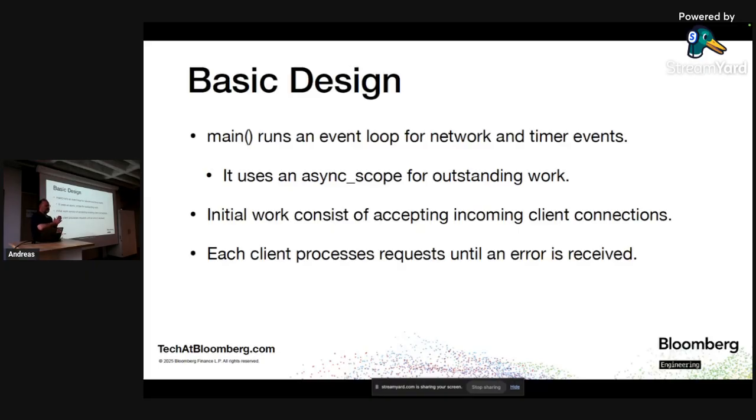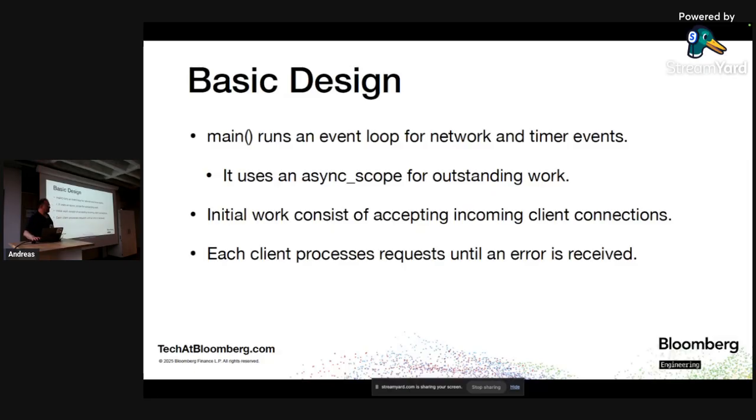But if you don't want to have allocations in your sender-receiver world, that's fairly easy to do because none of the algorithms does a lot of allocations. The async scope does one allocation every time you get a new client, and then it's set. There's no allocation for new work.